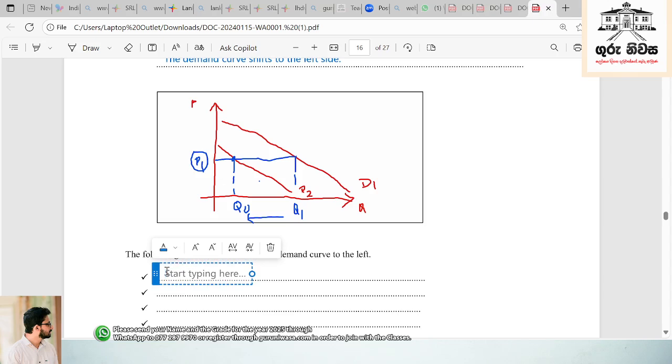You can say a decrease in prices of substitute goods.